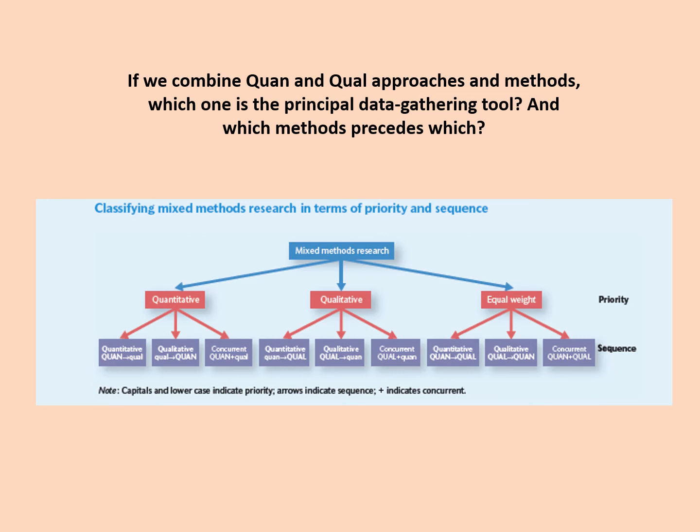Is it the quantitative or the qualitative? Which kind of methods will be used first and which kind of methods will be used second? Is there any significance to the sequence of using different techniques? Which kind of priority do we give to which approach?